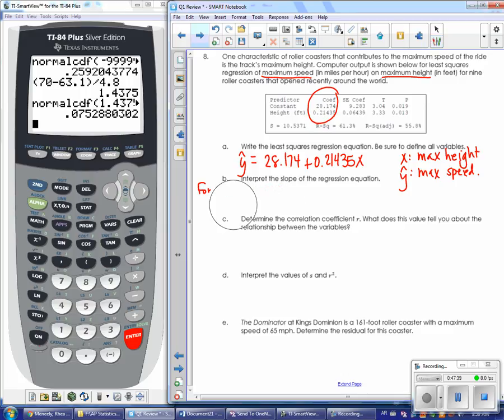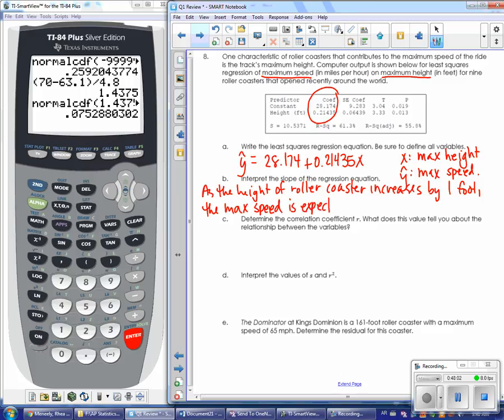As the height of a roller coaster increases by 1 foot, the maximum speed, and be careful here, is expected to increase by 0.214 miles per hour.